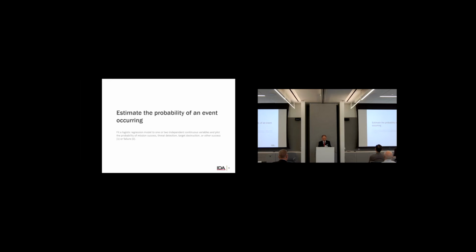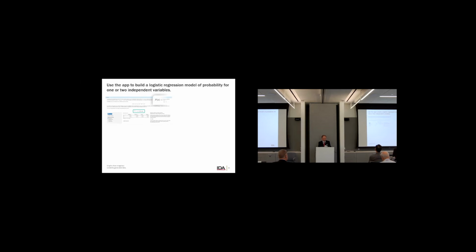Okay, time's flying. Estimate the probability of an event occurring. So this is what I talked about. If you have a success or failure, we typically call that a binary variable, but we'll often use a logistic regression to model that. And you can model it in one dimension if you have a single continuous covariate.